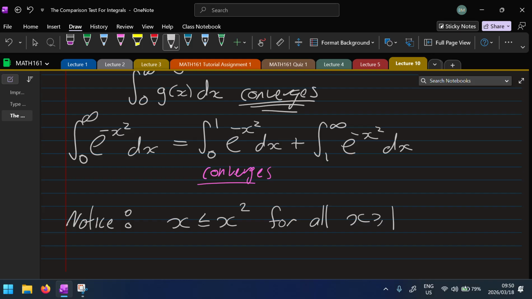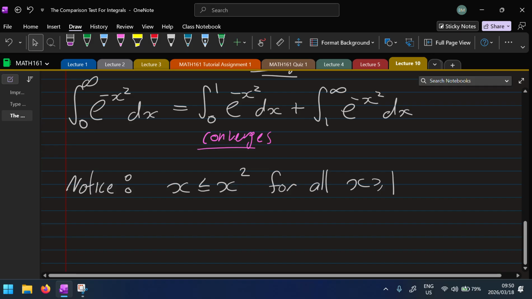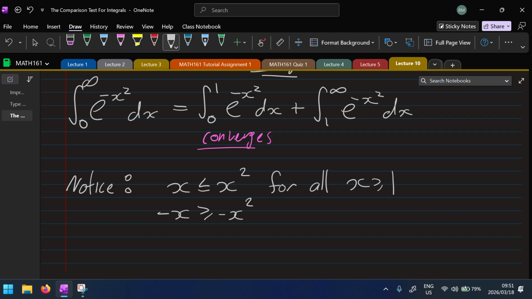Okay, obvious. Now, what do we have in that exponent there? Do we have x squared or minus x squared? Right, we have minus x squared. So we need to multiply both sides by a negative. So let's do that. Notice that the inequality flips, right, because of the minus.